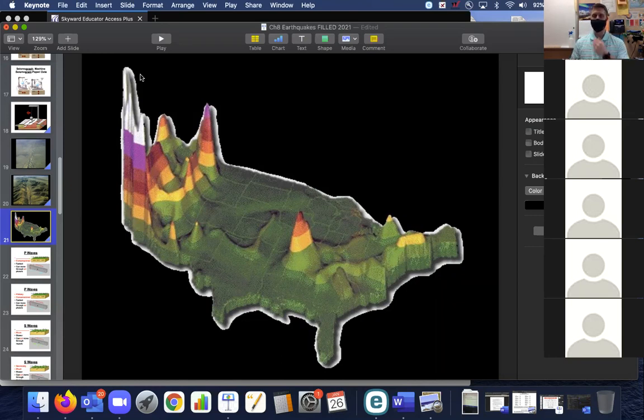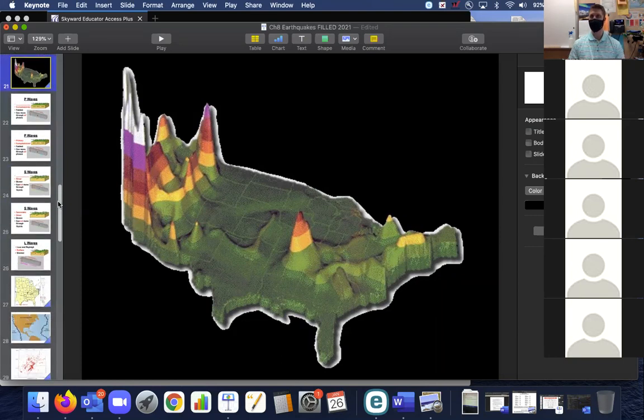Now, most of it is too small for humans to feel, but because we have pieces of equipment like seismographs, they can detect those very small earthquakes and record that information.